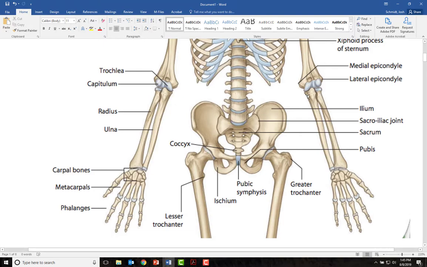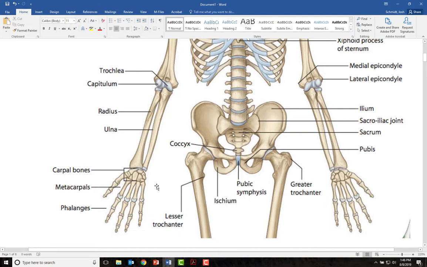Again, you do not need to be able to identify all the different landmarks. There are a lot. But for this class, all I care about is if you know the radius and the ulna. It's not an in-depth anatomy. There are a lot more bones of the upper extremity. We have the carpal bones that make up the wrist, the metacarpal bones that make up the palm of the hand, and then the phalanges make up the fingers.